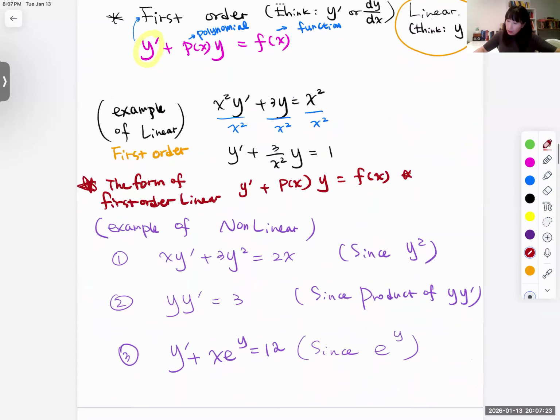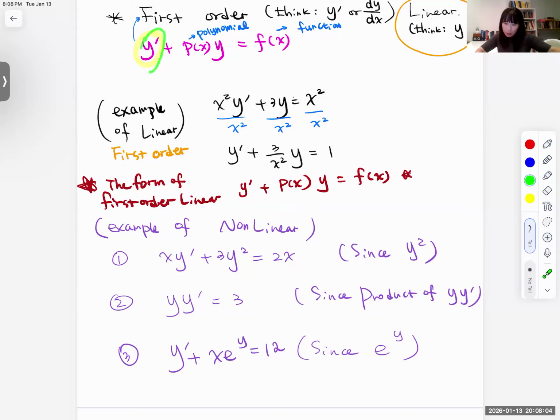Now, an example of non-linear. In that case it's first order but not linear, right? We see y squared there, so it's not linear. This one is a product of y and y prime.